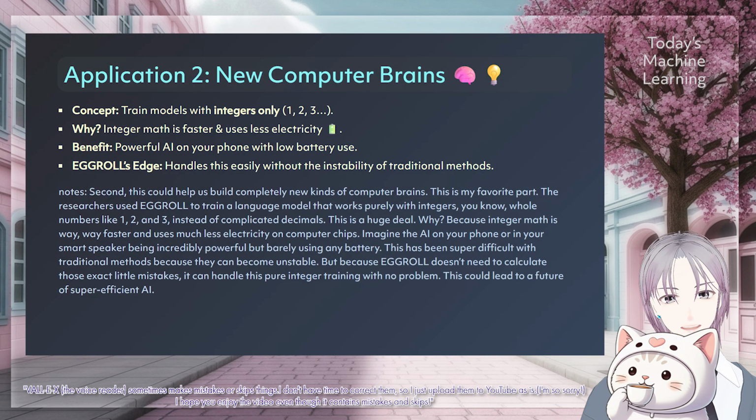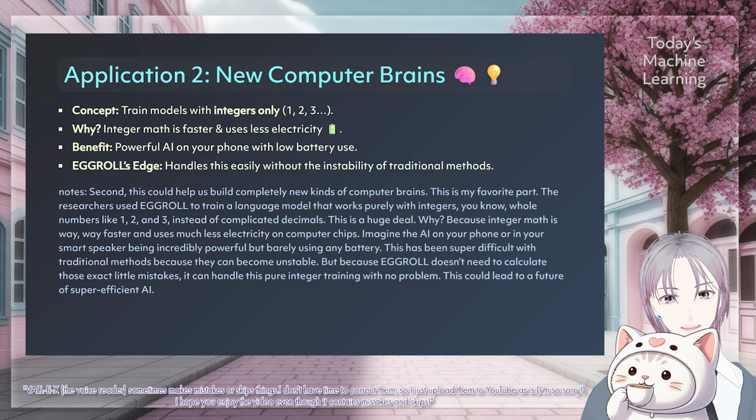Second, this could help us build completely new kinds of computer brains. This is my favorite part. The researchers used EGGROLL to train a language model that works purely with integers, whole numbers like 1, 2, and 3, instead of complicated decimals. This is a huge deal. Why? Because integer math is way faster and uses much less electricity on computer chips.